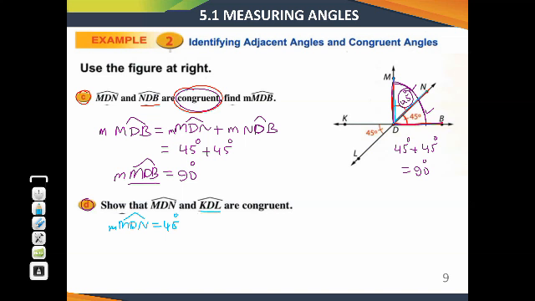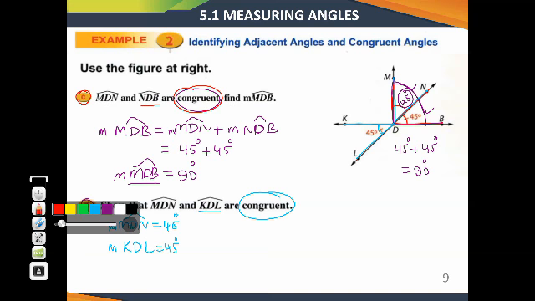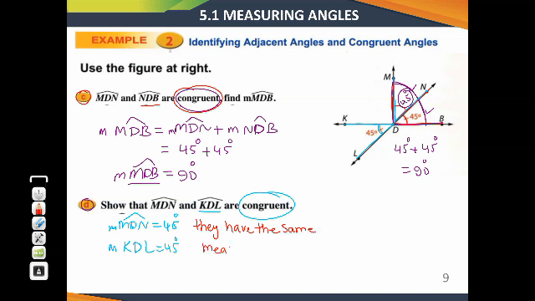KDL also is 45 degrees. So show that they are congruent. We have to show that they have the same measure. And as I told you, if they have the same measure, it means they are congruent. So they are congruent.